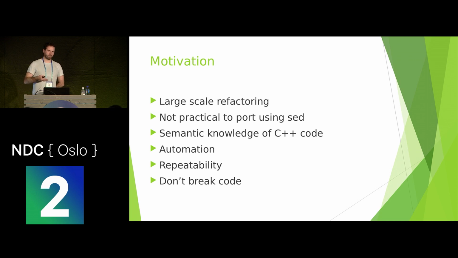And we'd actually like it to be repeatable as well so that we can run it on our CI system. That means that we can, for example, fail a CI build if somebody introduces a derived class with no override. That could be useful. And we want it to be good enough that it doesn't break code.